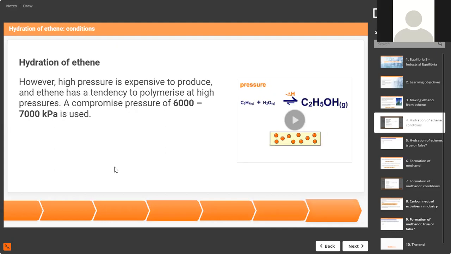And then finally, the issue with high pressure is it's really expensive to produce. And ethene has a tendency to polymerize at high temperatures. So again, we don't go with the highest pressure possible. So we go with a compromise pressure of 6,000 to 7,000 kilopascals.